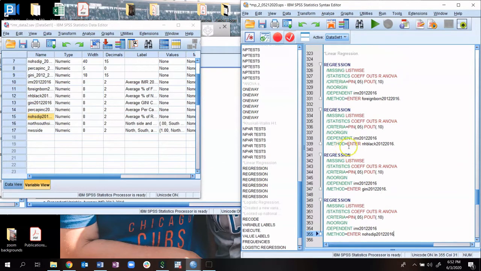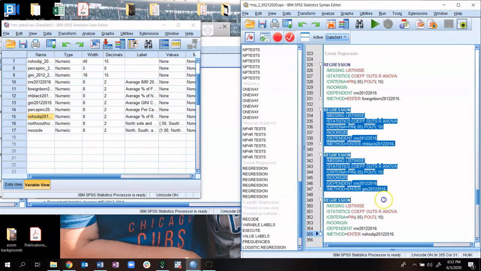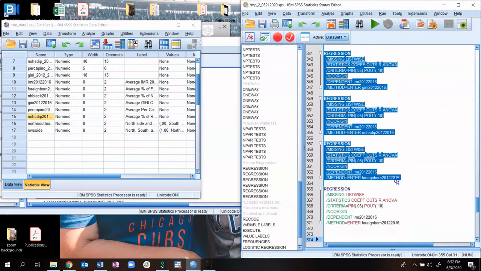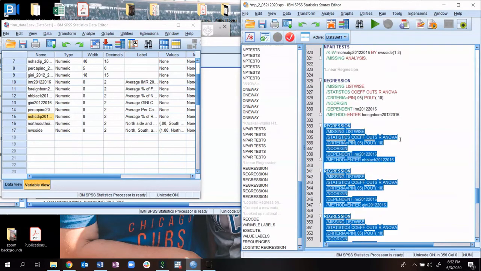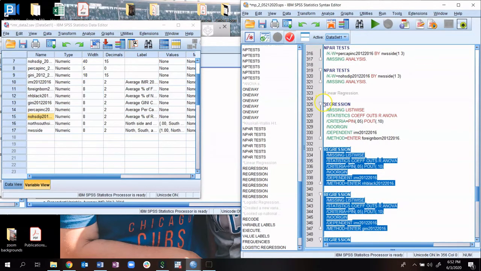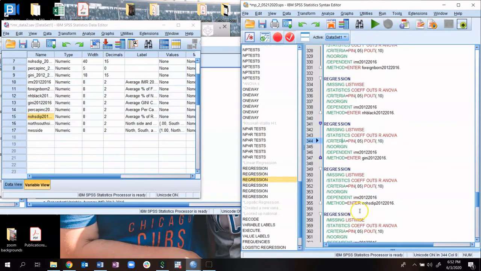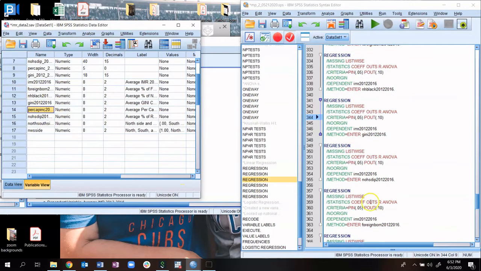Okay, so we're going to run these models 2, 3, 4, and 5 here. Gini coefficient. Oh, you know what? I somehow didn't get per capita income.